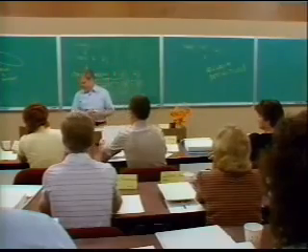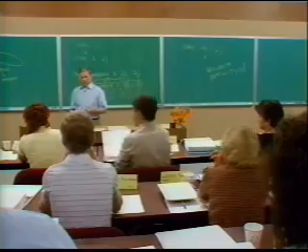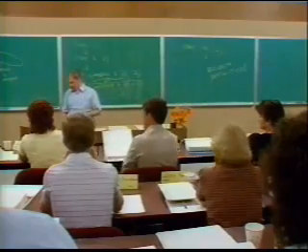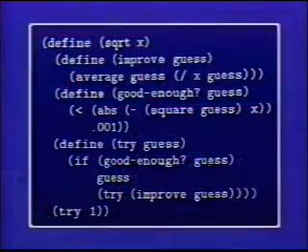Let me show you a variant of this definition of square root here on the slide. It's sort of the same thing. What I've done here is packaged the definitions of improve and good enough and try inside square root. So in effect, I've built a square root box.